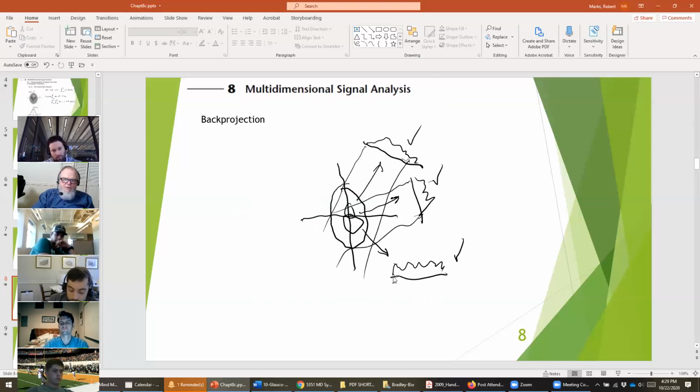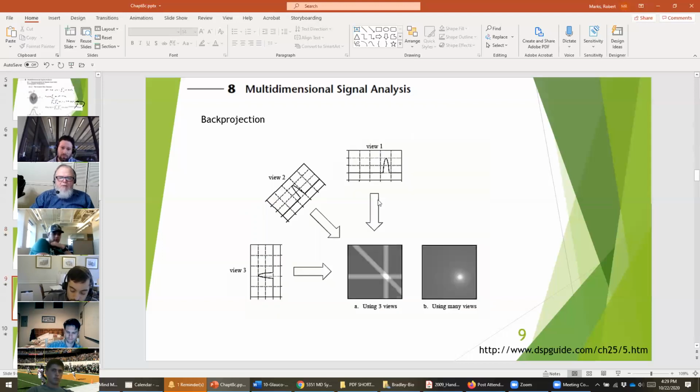And we took this function and we smeared it back. Do you get the idea? And we added all those smeared-back functions together. This is the process referred to, as you see here, as back projection. And back projection sounds like a good idea, but it doesn't work. And here's an example off the web of why it didn't work.